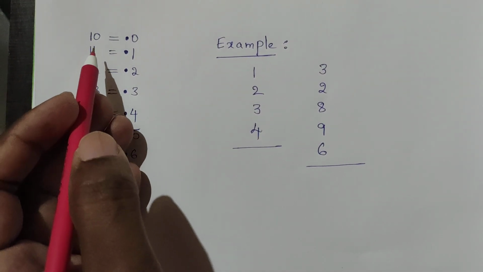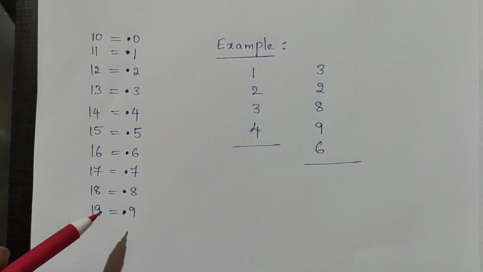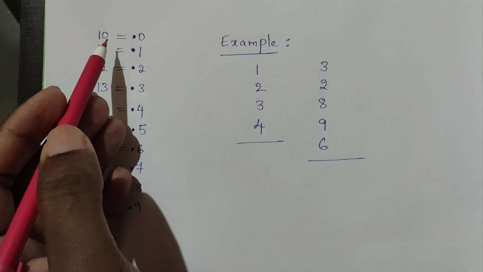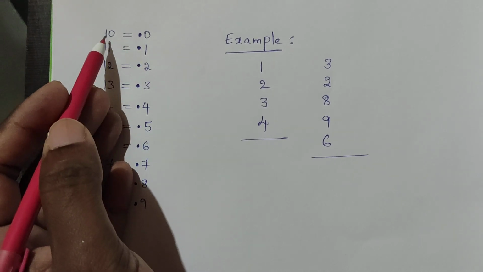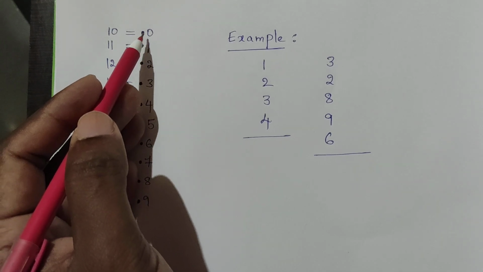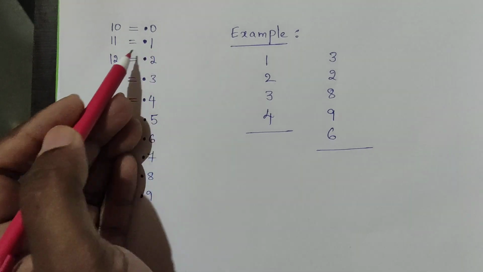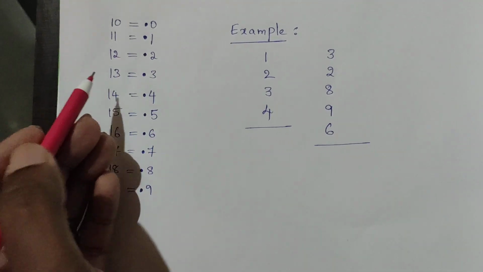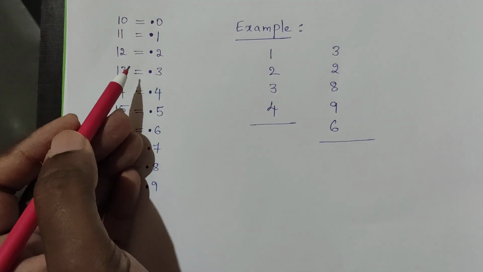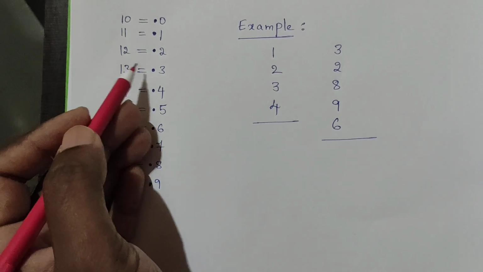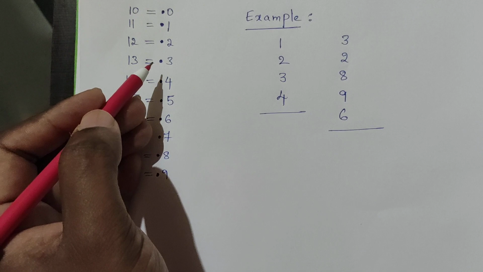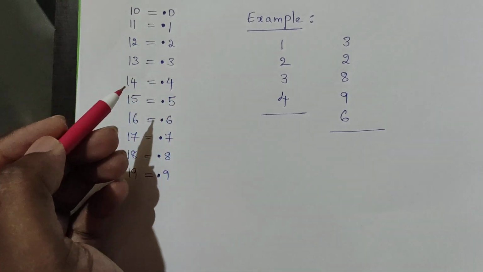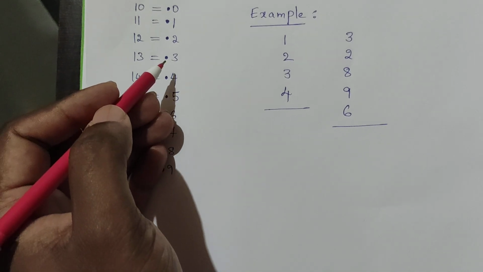Here we have the numbers from 10 to 19, and how to convert them into dots. 10 means dot 0, 11 means dot 1, 12 means dot 2, 13 means dot 3. If you get 13 in the addition, we should call it dot 3 instead of 13.